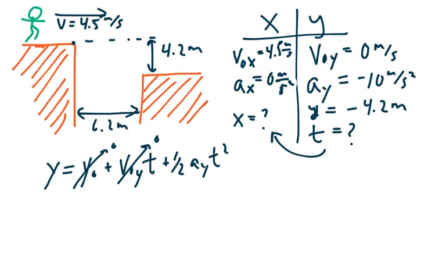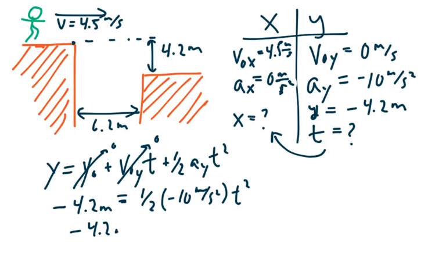So from there, I can substitute in: he's going to move negative 4.2 meters in the y direction, set that equal to 1/2 times negative 10 meters per second squared times t squared. And so really negative 4.2 meters is equal to negative 5 meters per second squared, if I just multiply that 1/2 by the negative 10, and then I still have that term t squared there.